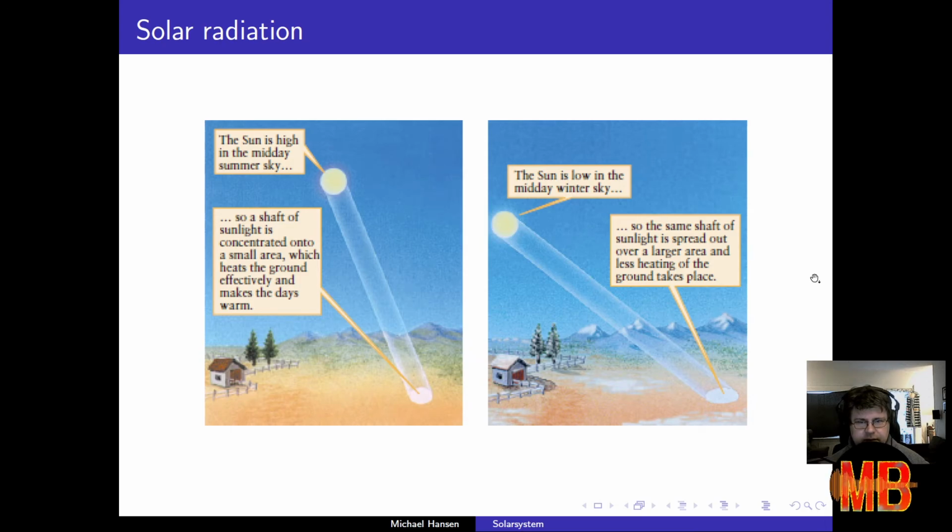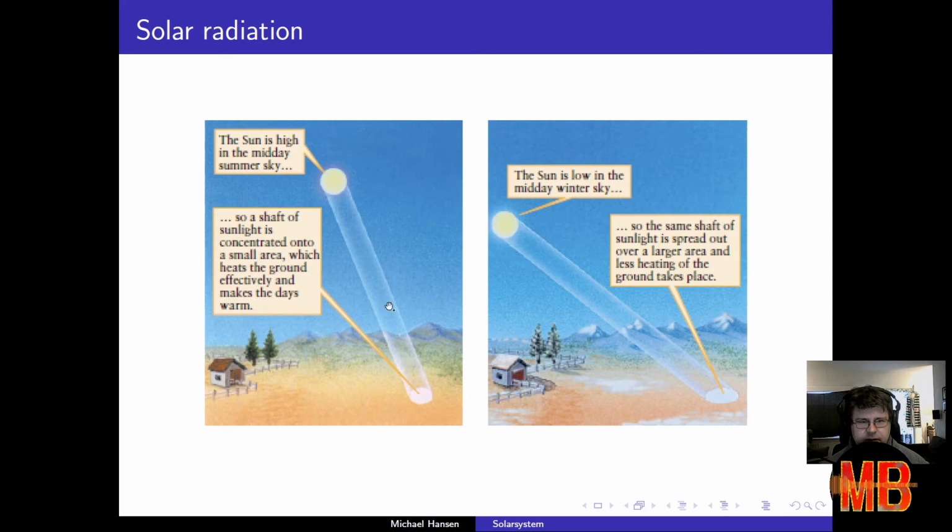So, I'm sorry about the quality of the images here. They are not very good, but it's the best I could do in order for you to be able to see what's going on, but I'll explain it. So when we have solar radiation, because of the tilt of the Earth, this does not really have that much influence on the equator, but everywhere else this has a relatively big influence.